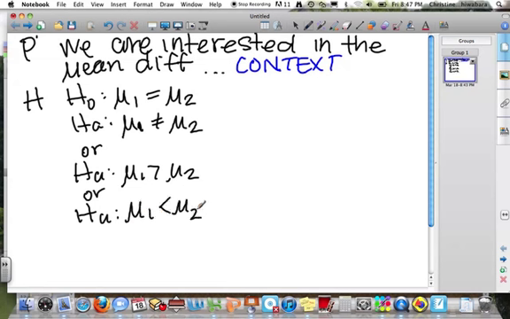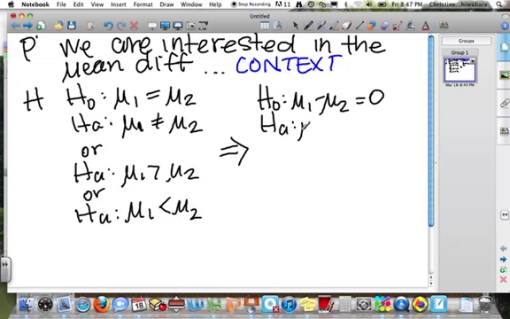All right, so right now, in the context of the problem, this will make sense in your very last step to state your conclusion, like how you have it written over here. But when you do your calculations, it's going to make more sense for you to write it like this. So you would have a null hypothesis, mu1 minus mu2 equals 0, against an alternative hypothesis that mu1 minus mu2 is not equal to 0.